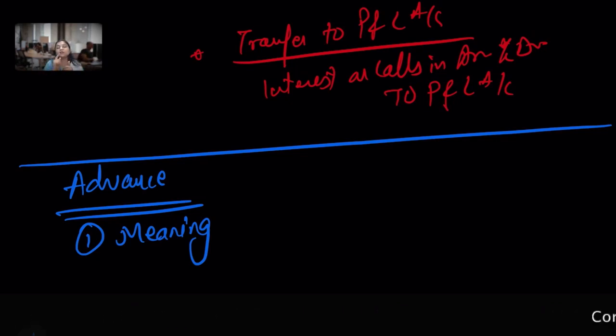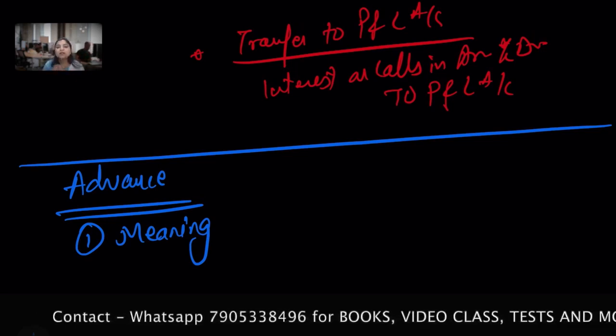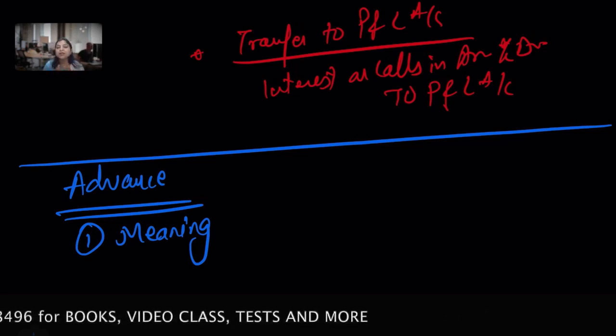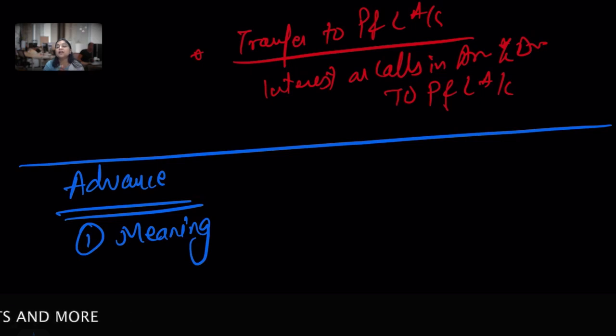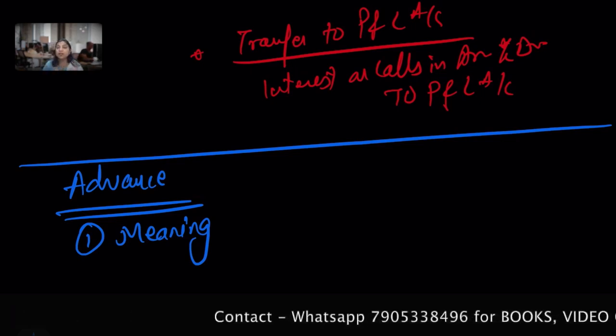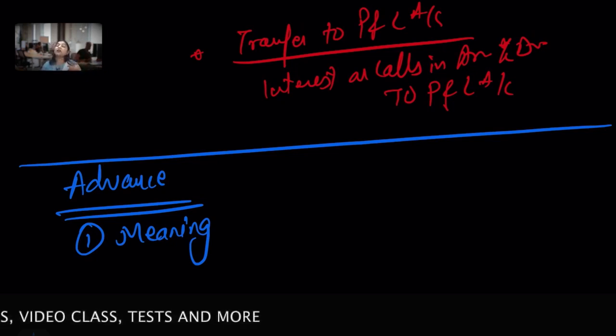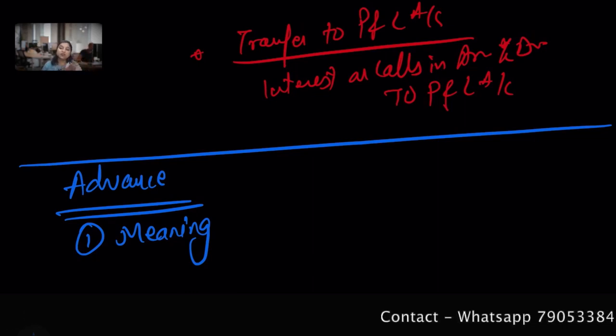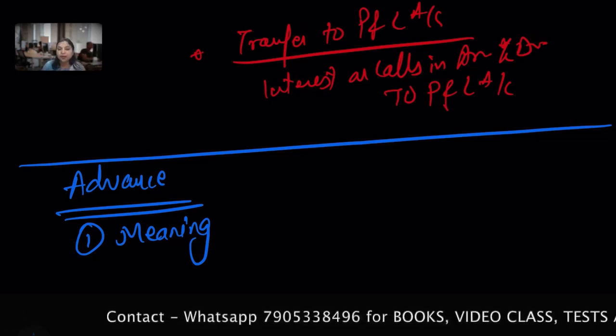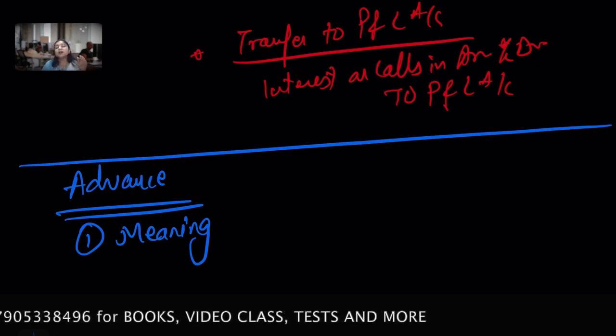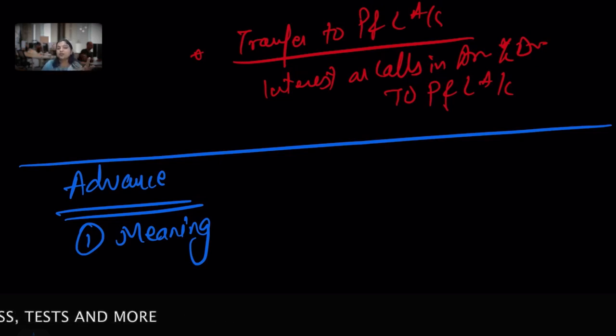And Section 50 of the Companies Act 2013 also states that a member of a company limited by shares shall not be entitled to any voting right in respect of that advance amount. That means I didn't call you, but you paid me, but don't think you will get the right of speaking there. But that is only applicable when the company is limited by shares. That means there are two situations in which we can see the calls in advance.